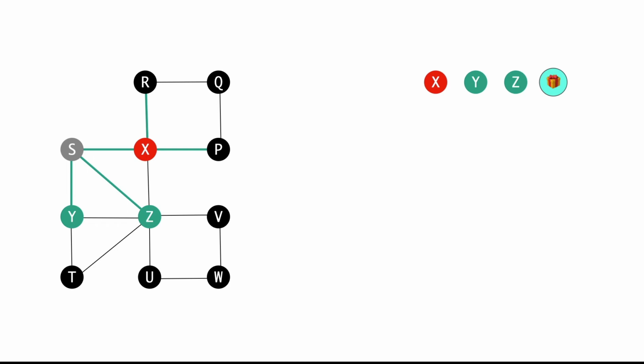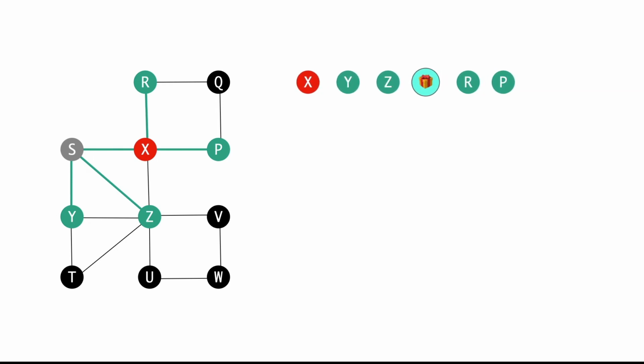So we are going to queue these up, R and P, at the end of the queue, and we're going to mark them as visited. Let's bring the queue a little bit to the left so we have a little more space. And at this point, we have finished processing the vertex X, so we will let X exit the queue. And now I'm going to color code X with a different color because this is, notice, a shift in the layer number.